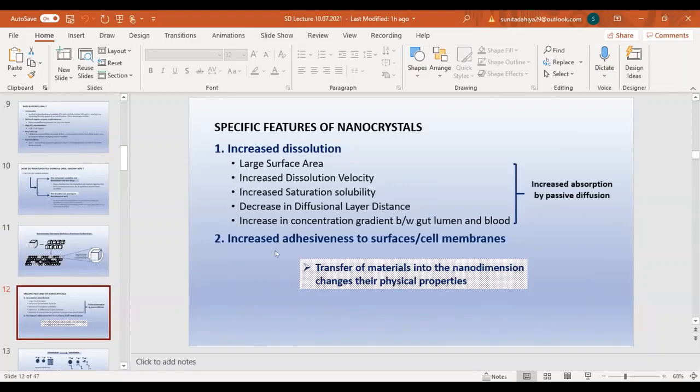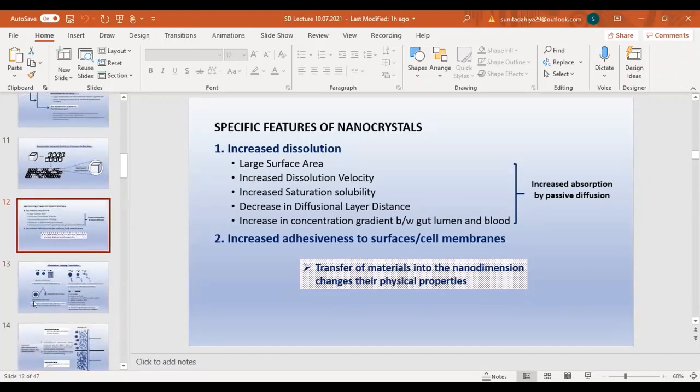And secondly, as we saw in the previous slide, it increases the adhesiveness to the cell membrane or the gut wall surfaces. All this dissolution enhancement and adhesiveness will help to increase the passive diffusion, and that's why it will give better absorption.